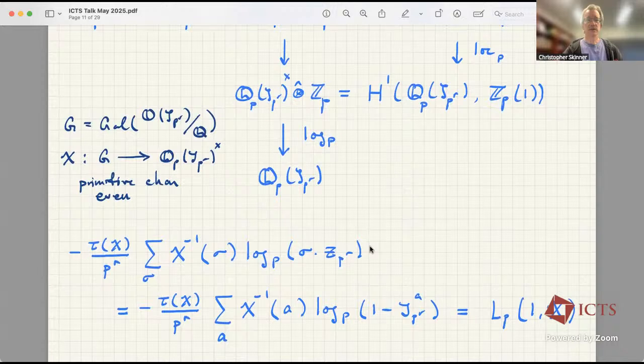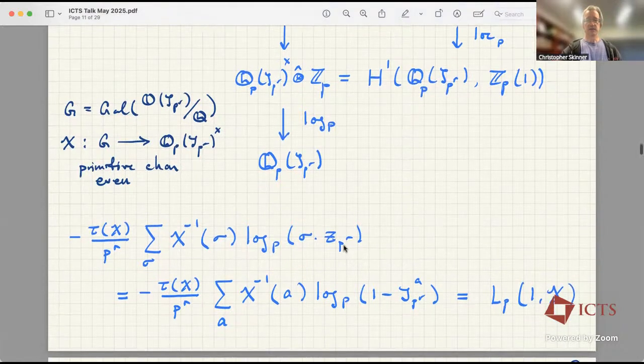I can formulate the expression where I sum over the elements of the Galois group, chi inverse of sigma, times log_p of sigma applied to my element zeta_{p^r}. When I recast that in the description of zeta_{p^r} as 1 minus zeta_p to the r, I get the bottom line.